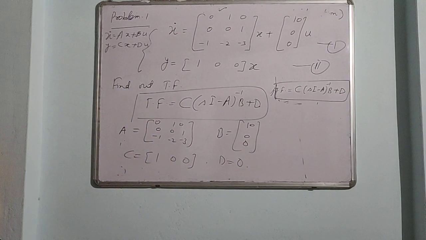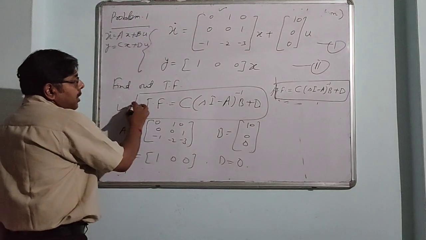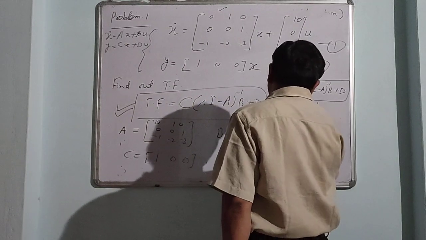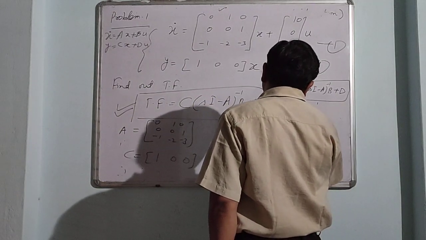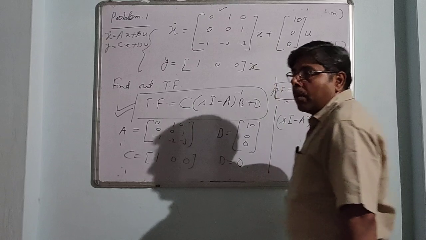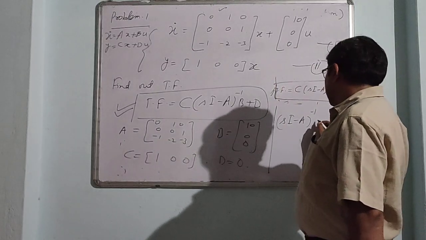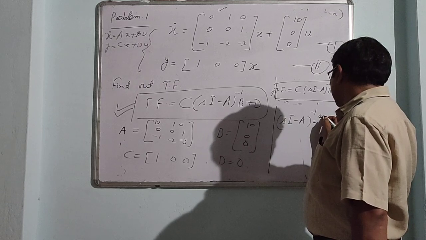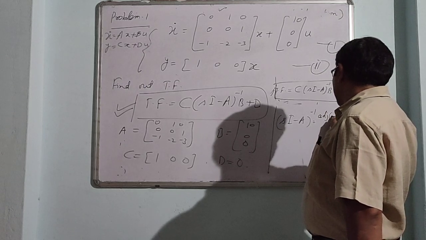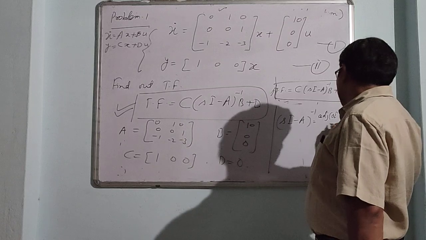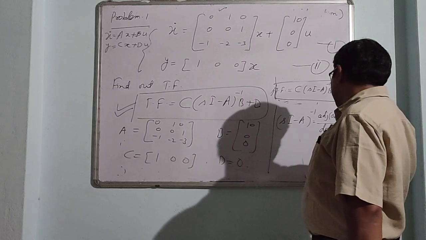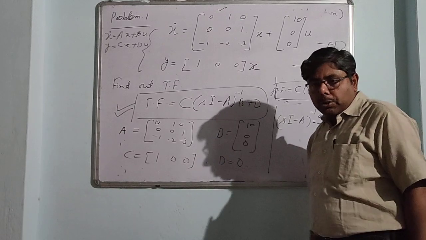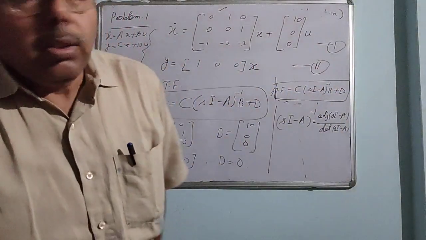So first of all, to find out the transfer function, we have to calculate this term, inverse. Obviously, inverse of this is given by adjoint of this divided by determinant of this matrix. So this is the basic expression.